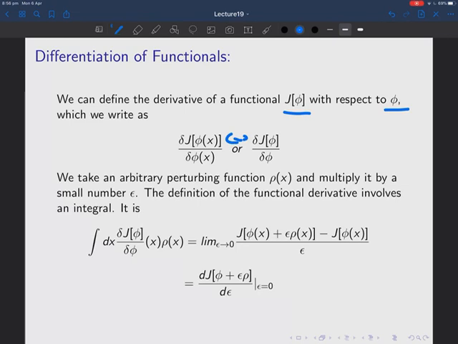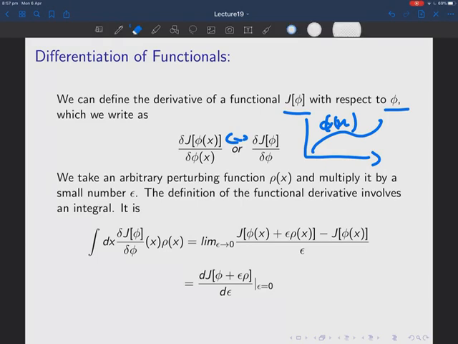How do we define the derivative of a functional? Well, we go back to what we did for a function and do it analogously. So we take our function, which might look like this. This is phi of x. And we add to it an arbitrary perturbing function.